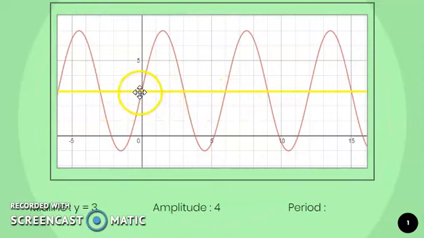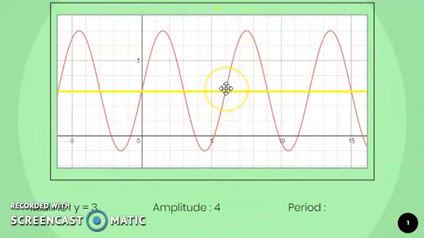Why? Because this is when it starts to repeat itself. As this point starts going up and then goes down and then back up, this will do the same thing. It will start going up, down, and then back up, which means that this is our period. This is the portion of the function that will repeat itself over and over again in the sine function.